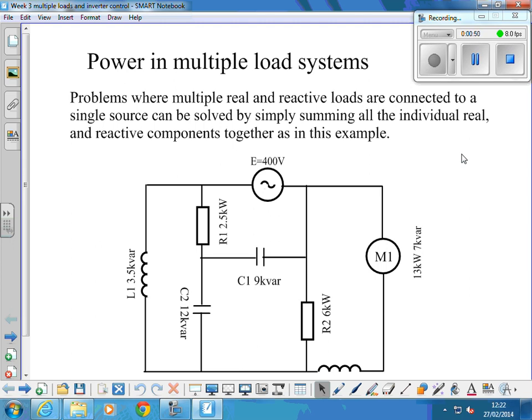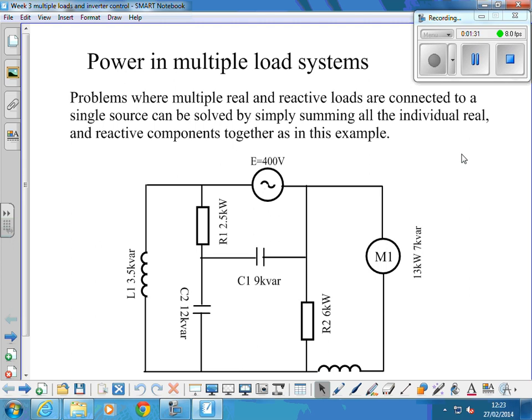So you can add up all the powers in watts, add up all the kVARs, remembering that reactive inductive components are an addition, capacitive components are a subtraction, because they give reactive power back to the source. We add all the totals up, we come up with a total reactive and a total real power, and we can find out then the total apparent power using the power triangle.